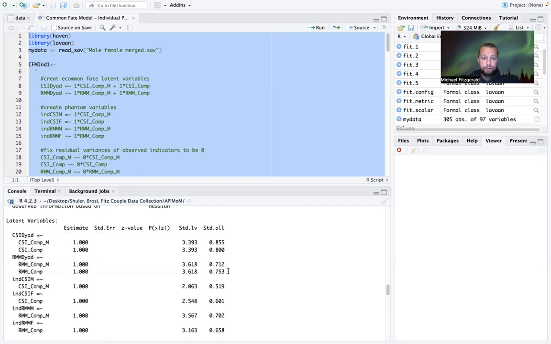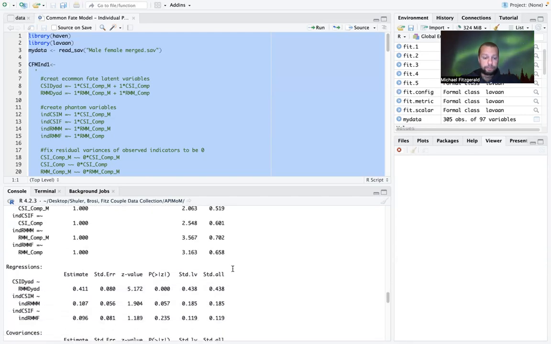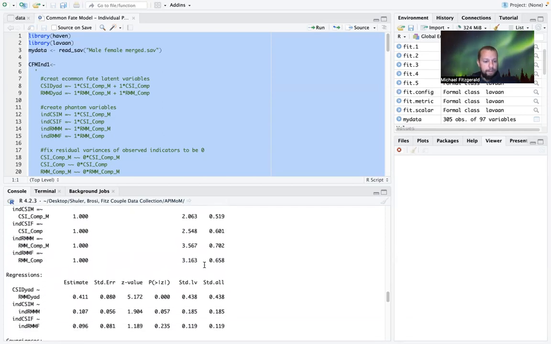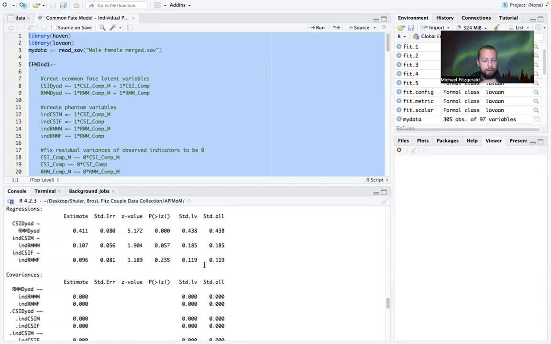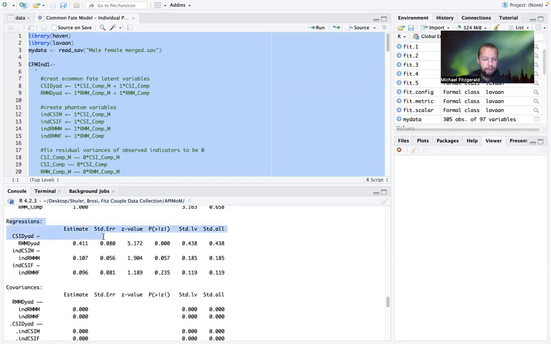Our factor loadings are above 0.70 for all 4 of them. So we are in really good shape in terms of estimating and staying true to the essence of the common fate model. So we can scroll down, and here we will get our regression coefficients.